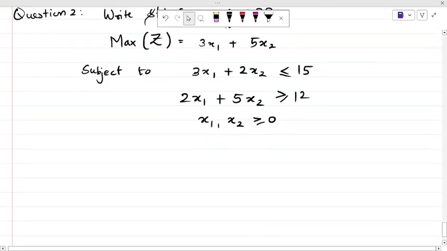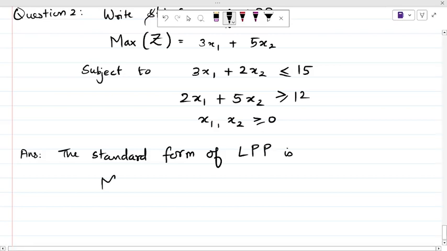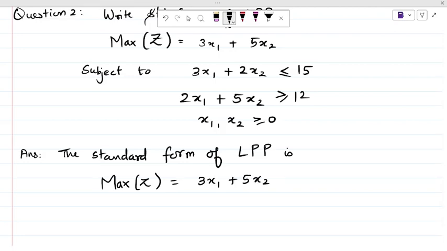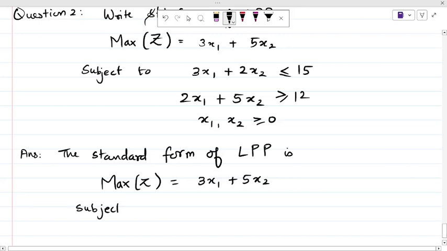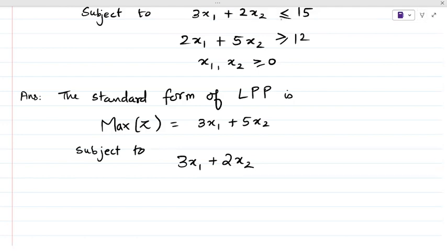Again the same thing. In order to write the standard form, we first write maximization of z with no change: 3x1 plus 5x2, subject to the conditions. The first is 3x1 plus 2x2, and it is less than type, so I will add a slack variable s1 equal to 15.